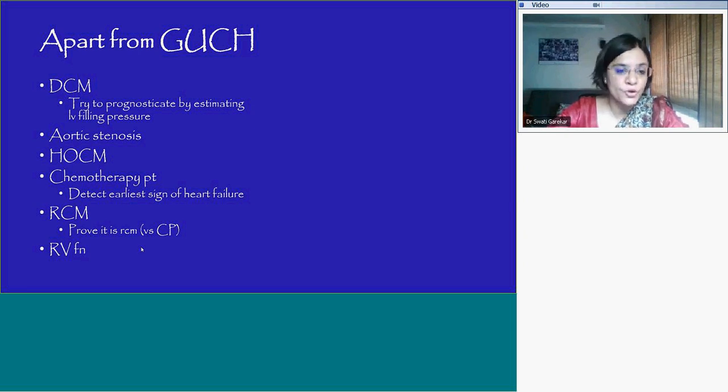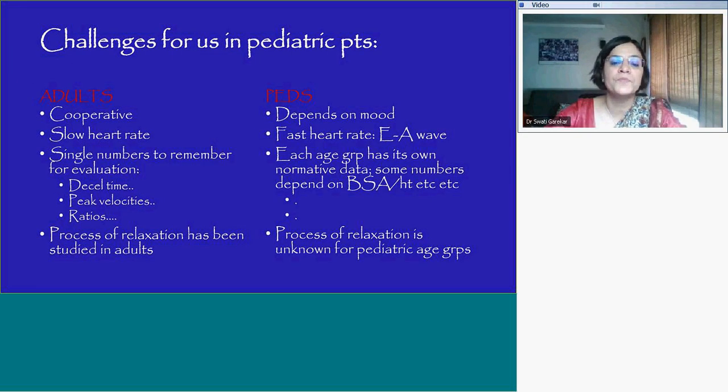So the group of LVOTOs that we have, the chemotherapy patients, where you want to pick up the earliest sign of heart failure, of compromised function on echo, to debate between restrictive cardiomyopathy and constrictive pericarditis, and also diastolic evaluation of the RV, which we're going to touch upon here. For us in pediatrics, we get cooperative patients like the adults too.